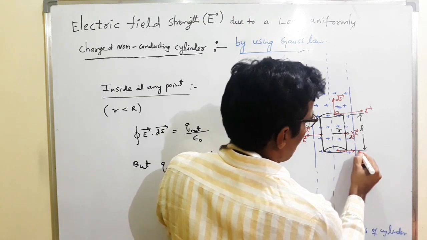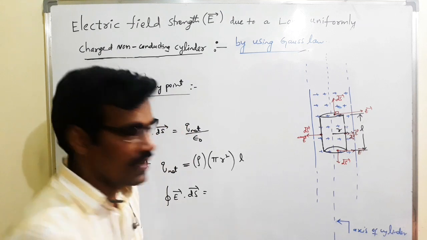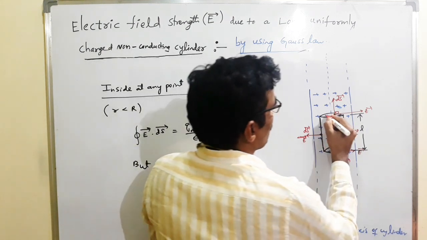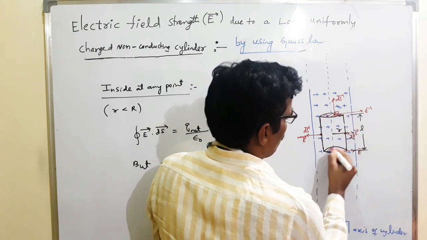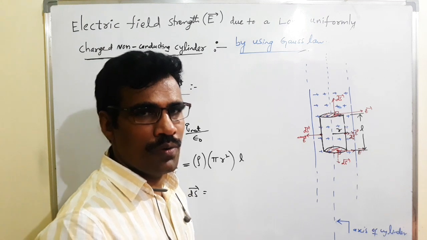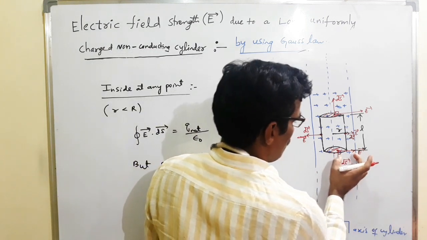Here also 90 degrees. So the flux through the flat surface is 0.